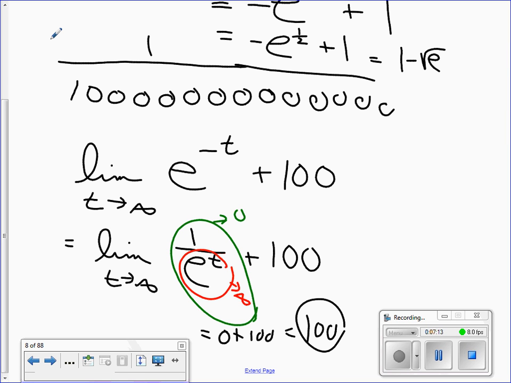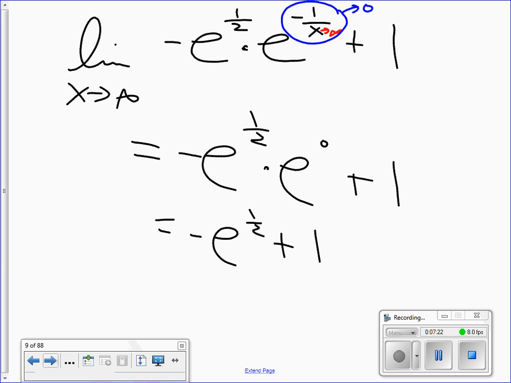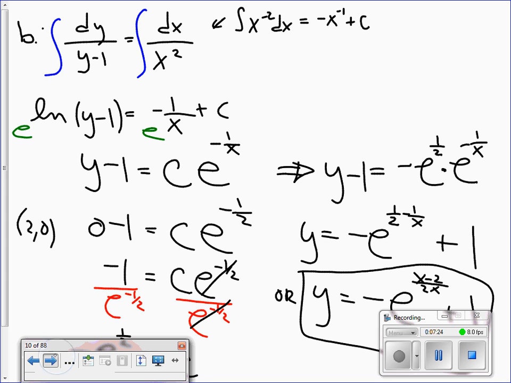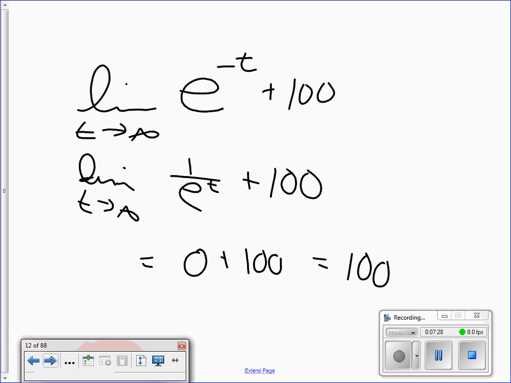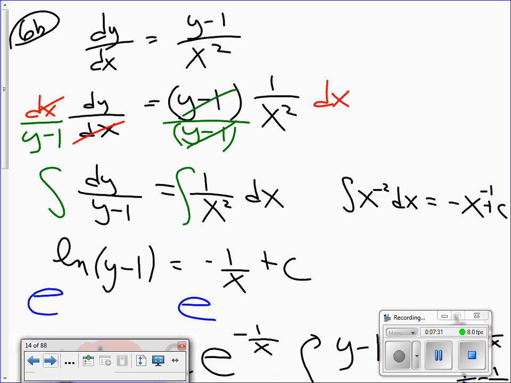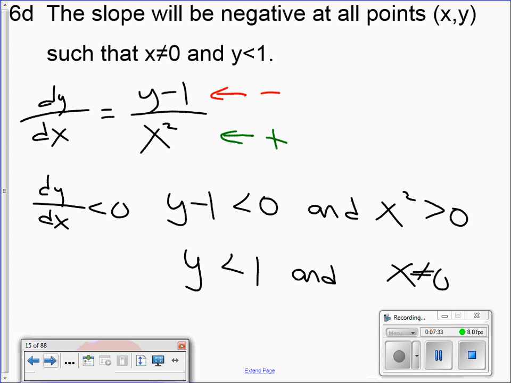Okay, the next one: when is the slope going to be negative? The derivative is the slope, and they're asking you when the slopes are going to be negative. Your derivative is either going to be a product or a quotient.